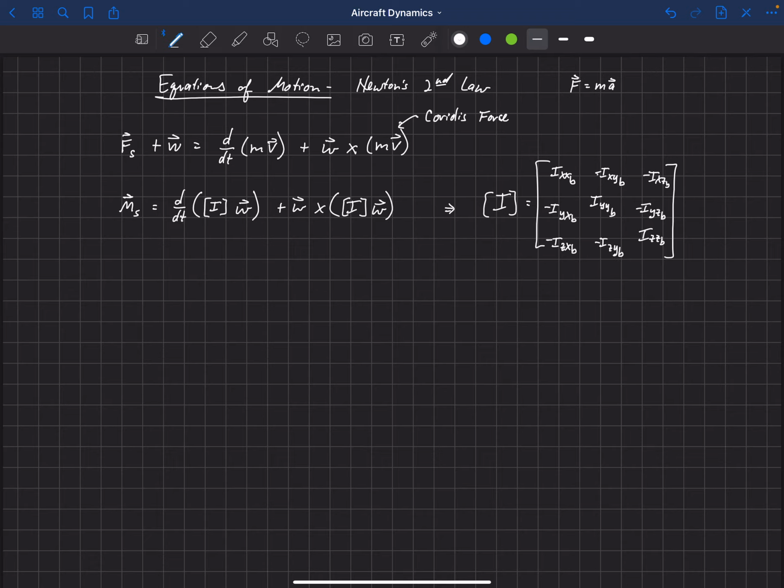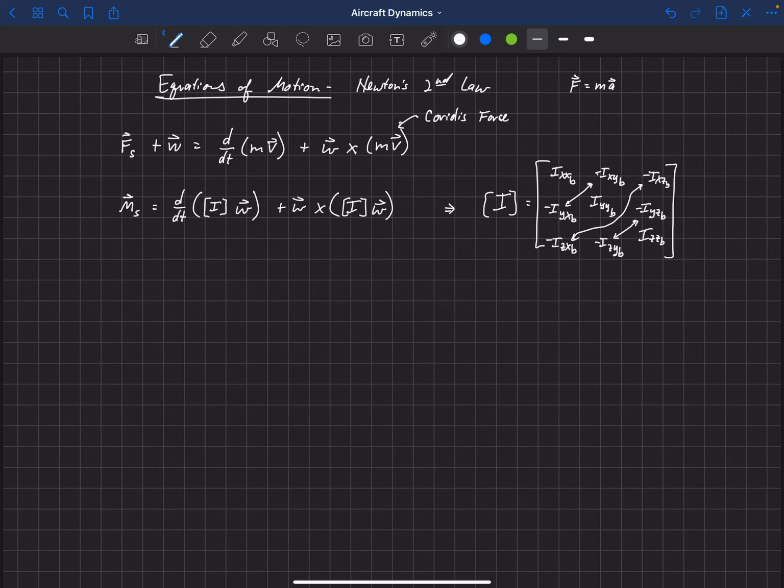Okay, so this tensor is symmetric, meaning that these terms are equal right there, and actually these two terms right there are also equal. Okay, so it actually only has 6 components that define the inertia tensor. The 9 components of the inertia tensor actually only have 6 values, because it's symmetric.